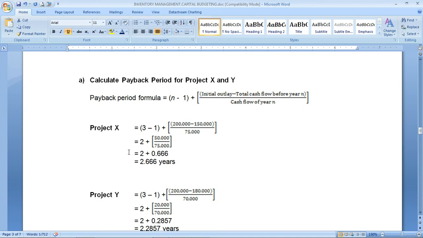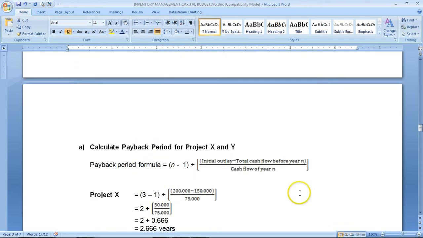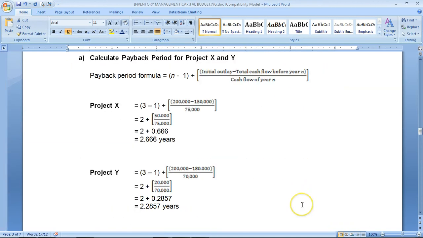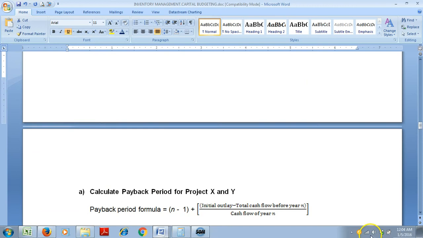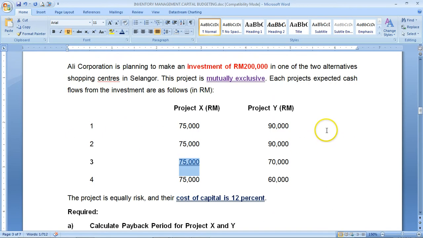How about project Y? You use the same steps, class. Please memorize the formula, please. The formula is very important. So this is project Y. Class, can you assist me how to do it? First, check first. Year 1, does it cover your IO? No. When you add your return at year 2, 90,000, the total return you get now is 180. Does it cover?